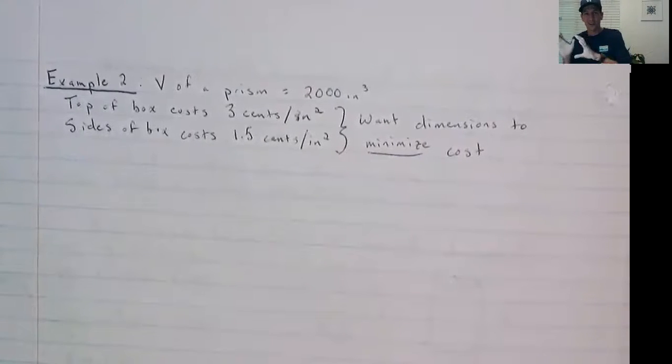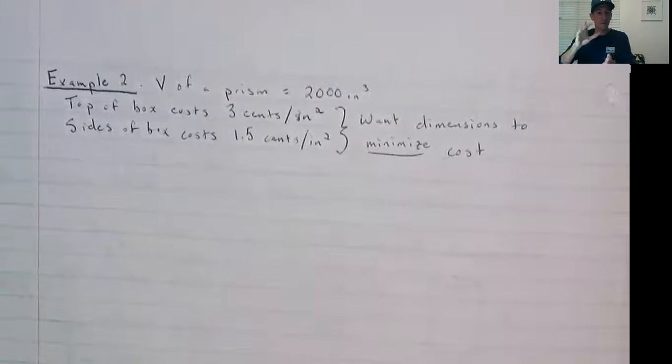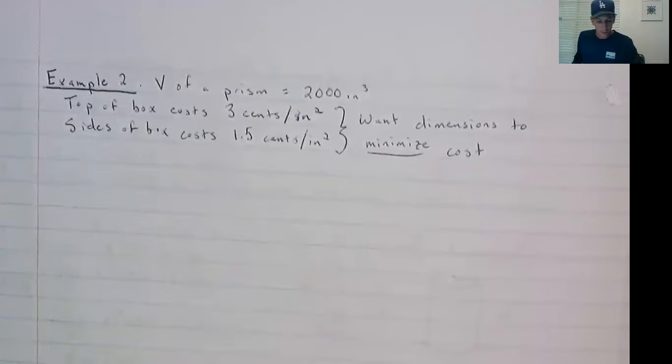We'll set up a surface area and see if we can make a connection so the cost is based just on the dimensions of the top of our box, and then minimize that.